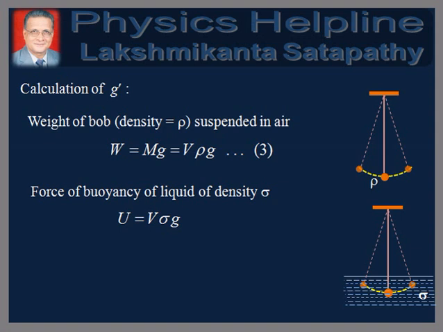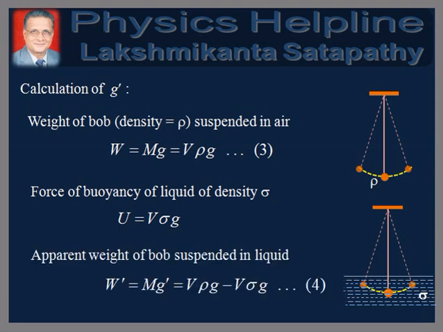When the bob is inside a liquid of density sigma, the force of buoyancy is given by U is equal to V sigma g. Therefore, apparent weight of the bob inside the liquid is given by W dash is equal to mg dash, which is equal to V rho g minus V sigma g.